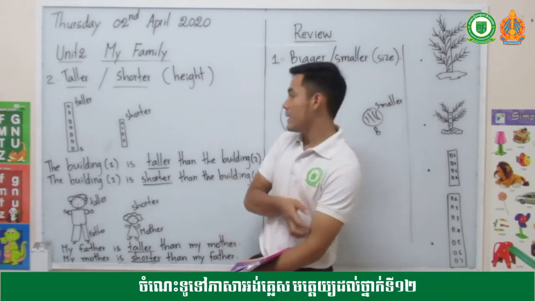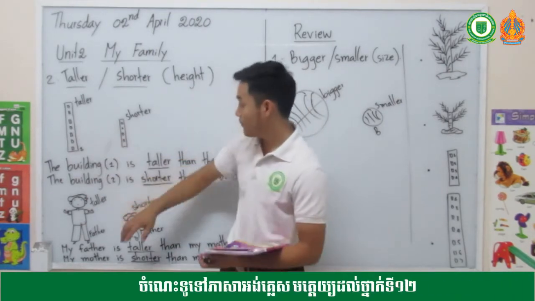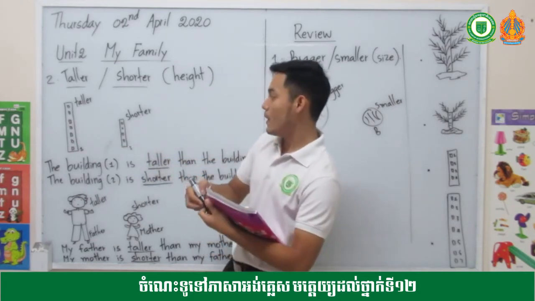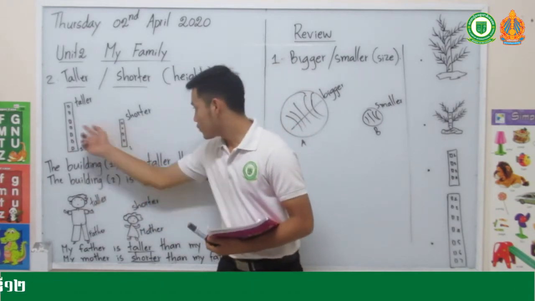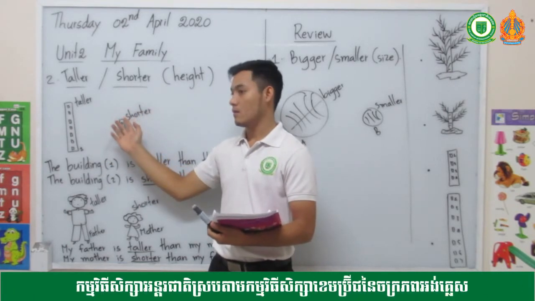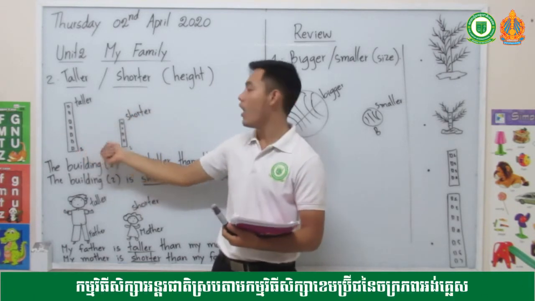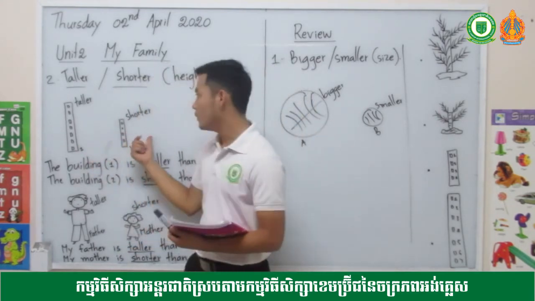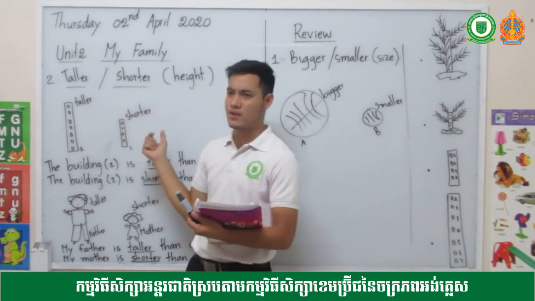Okay, so look at the example here. We have building 1 and building 2. So you try to compare these two buildings, whether it is taller or shorter. So look at building 1 and building 2, and then you really can answer my question.